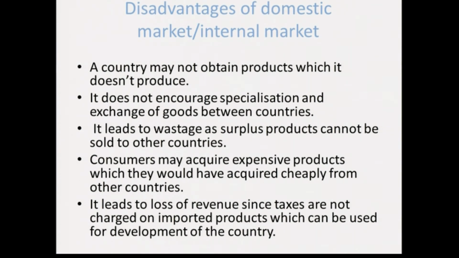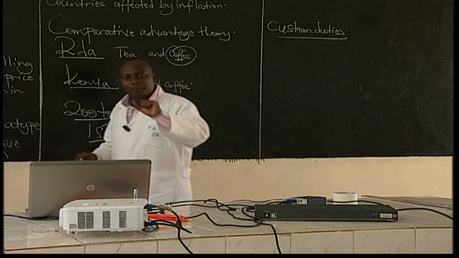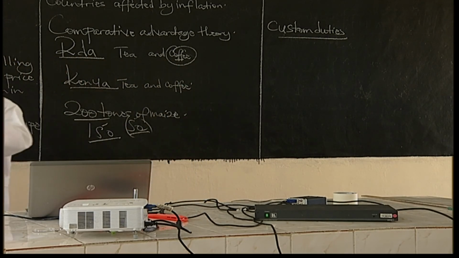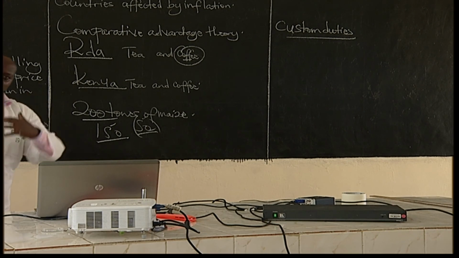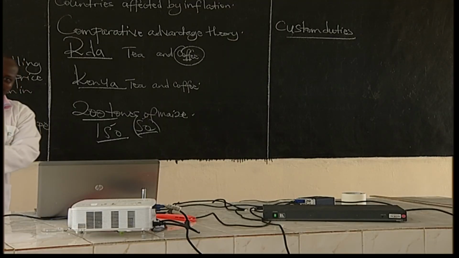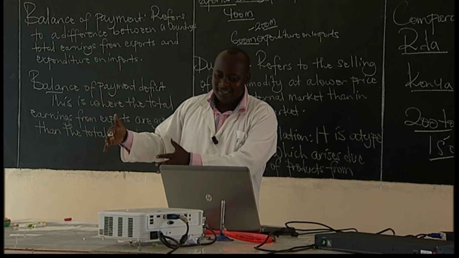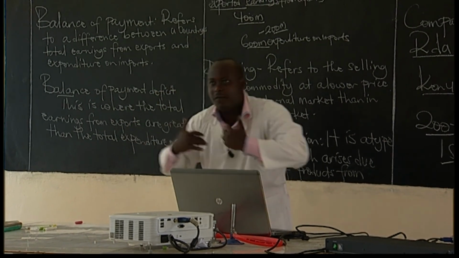Custom duties are taxes levied on imported products and exported products. If we have traders within the country who go to buy products from other countries, when they bring those products they will be charged taxes. And when they are charged taxes, the government is generating revenue.